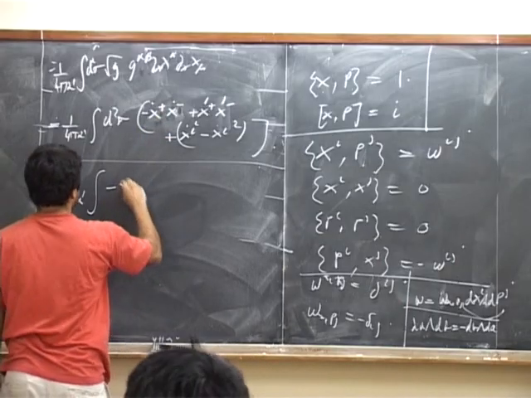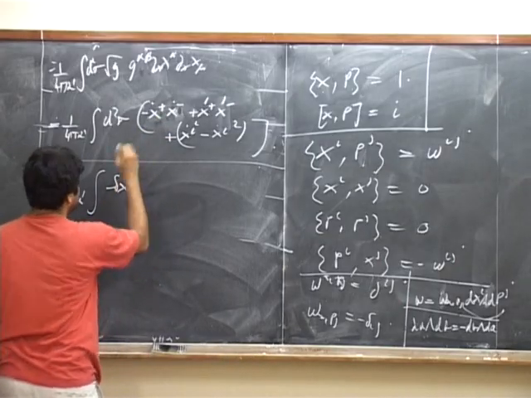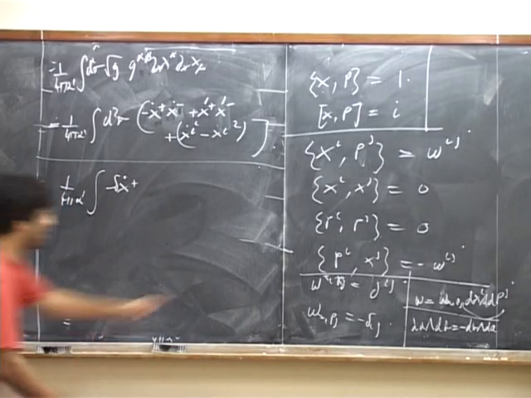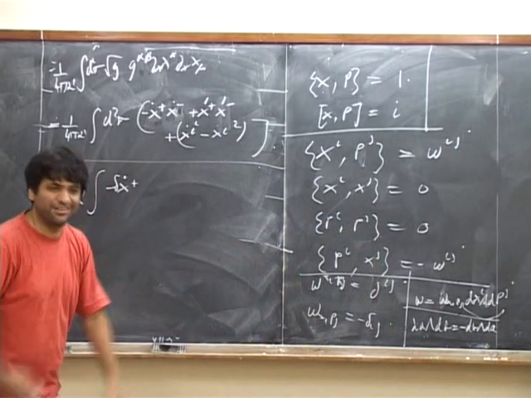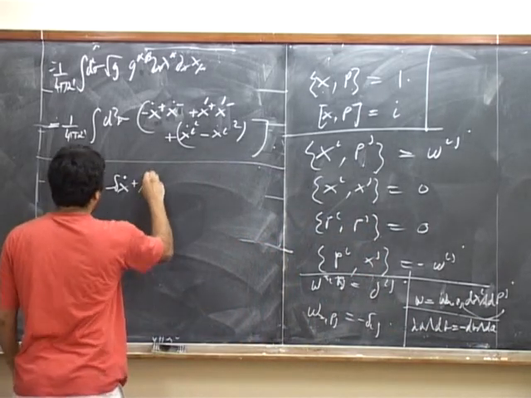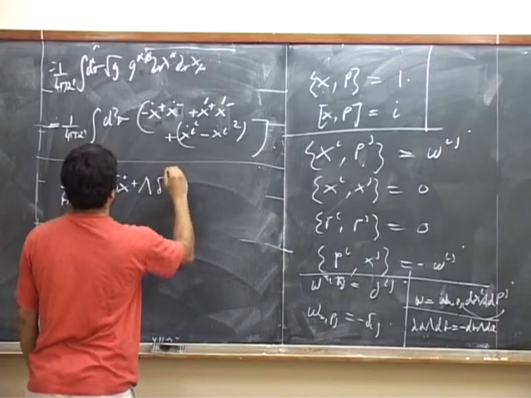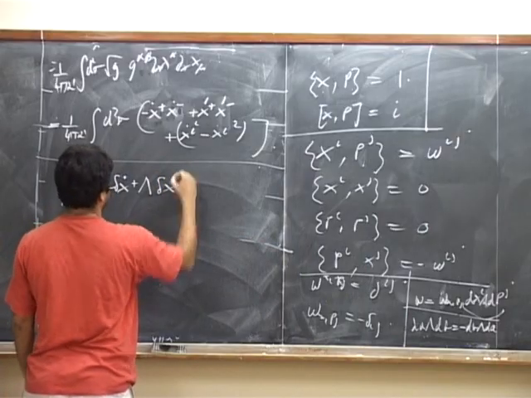So we get minus x plus dot delta of this, where delta is the same as d here. We are writing delta as a function, wedge delta of x minus.